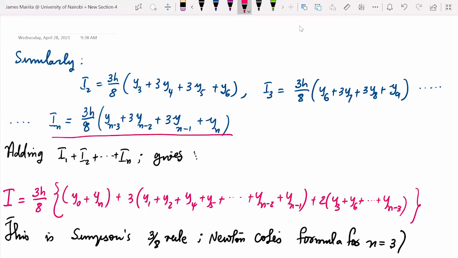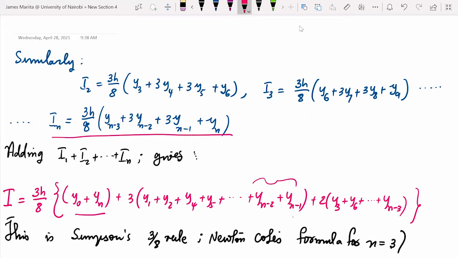Now, of course, we can add up all of them, because what we're interested in is the I, which is the sum of I1, I2 up to In. And this gives us 3h over 8. Again, we have the first and the last, y0 plus yn. And we have 3 times the y1, y2, y4, y5 up to that. Note this one here. We have yn minus 2 plus yn minus 1.